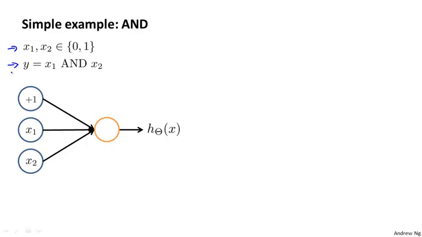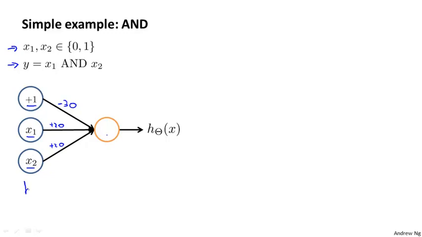Now, let me just assign some values to the weights, or the parameters, of this network. I'm going to write down the parameters on this diagram: -30, +20, and +20. What this means is that I'm assigning a value of -30 to the parameter multiplying x0, that is this +1 going into this unit, a parameter value of +20 that multiplies into x1, and a value of +20 for the parameter that multiplies into x2.